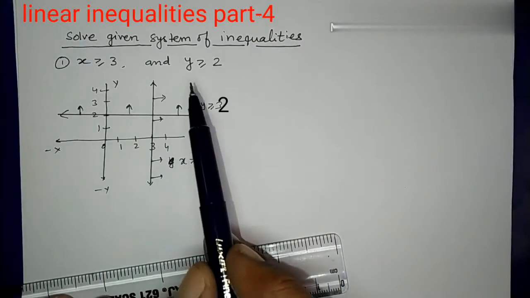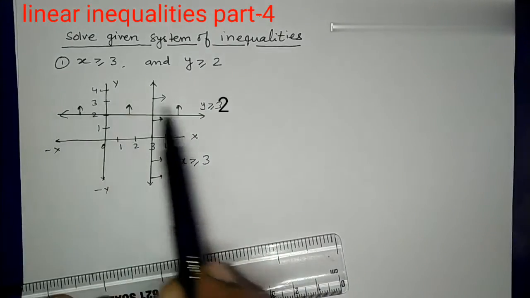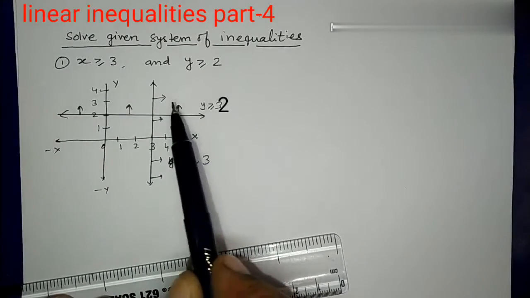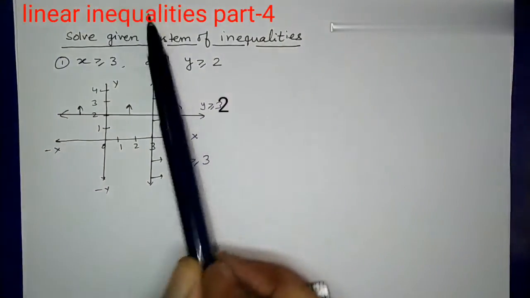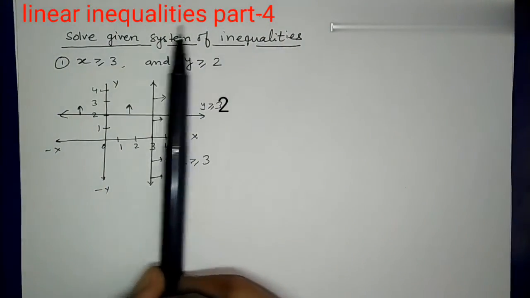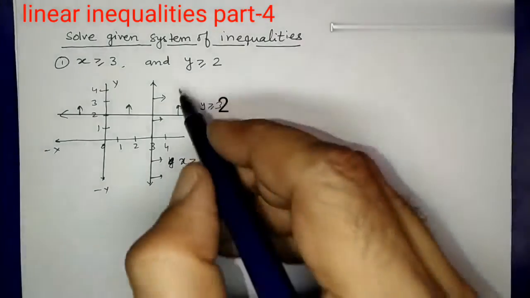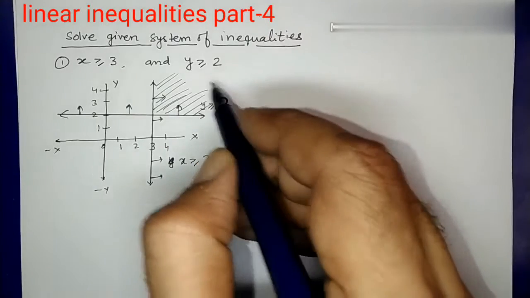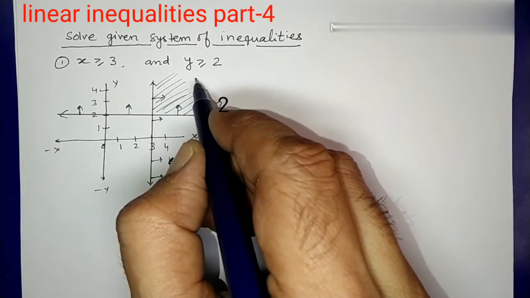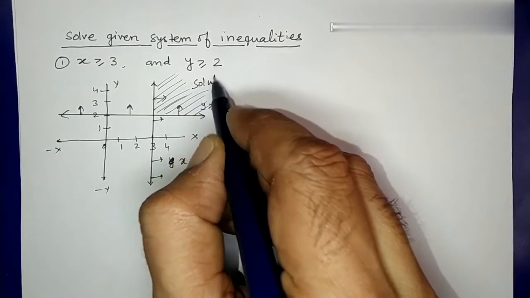Look here, we have to follow the rules for both inequalities. This inequality says we have to take above this line, and the first inequality says we have to take this part. So this portion is common. This is the solution.